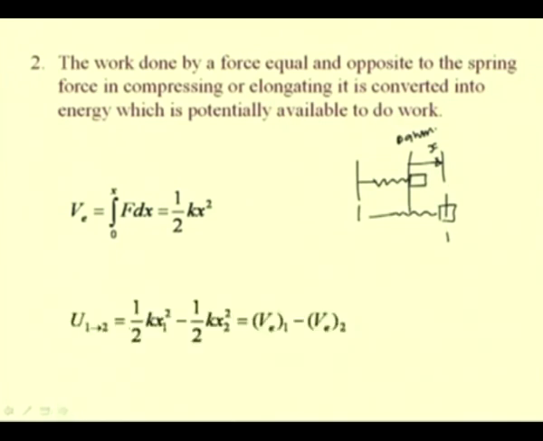Now, the work done between, say, two positions 1 and 2 is equal to half k x1 square minus half k x2 square, which is equal to the potential energy because of this elastic force for position 1 minus the potential energy of this elastic force for position 2.